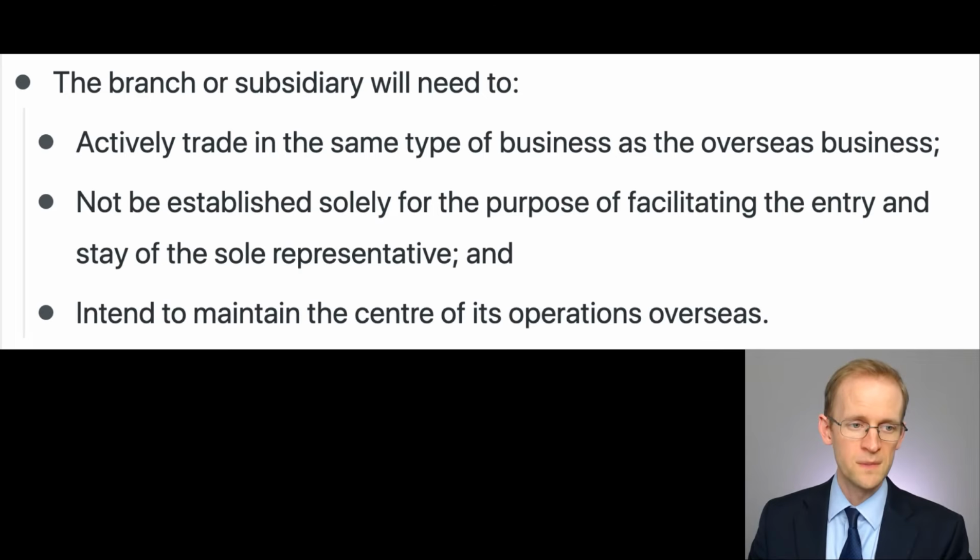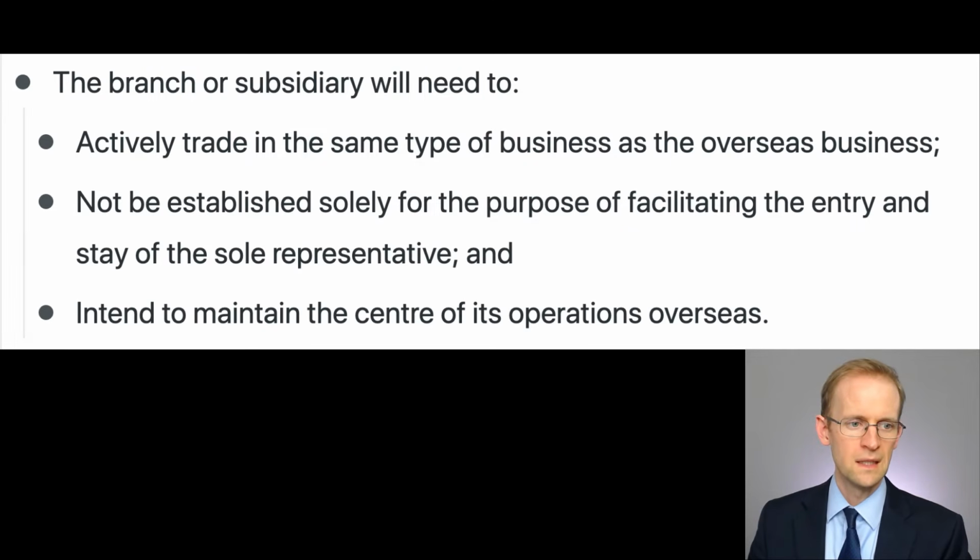Next, for the requirements for the branch or subsidiary, it's got to actively trade in the same type of business as the overseas business. And the language here is slightly clearer than under the old rules that referred to the business category, but it's basically type of business. So it's slightly less cryptic now.